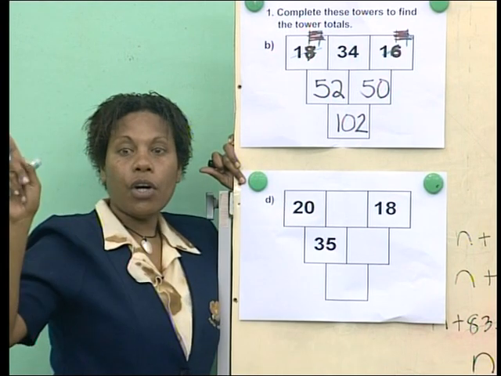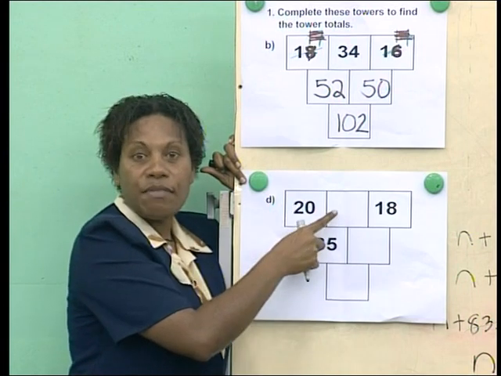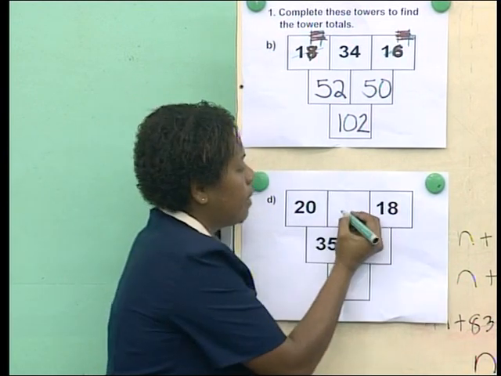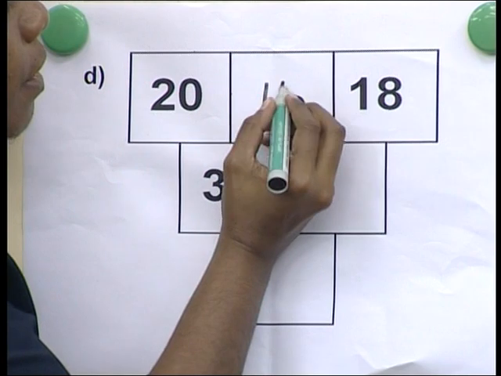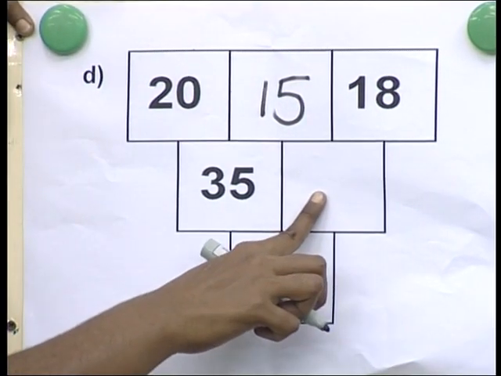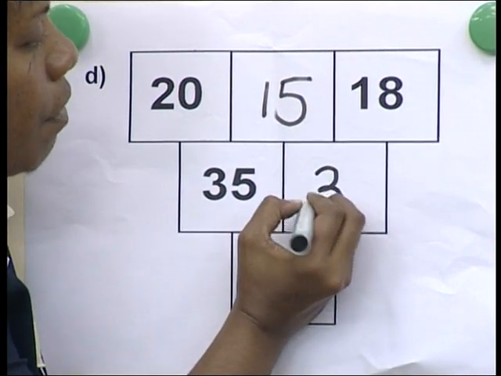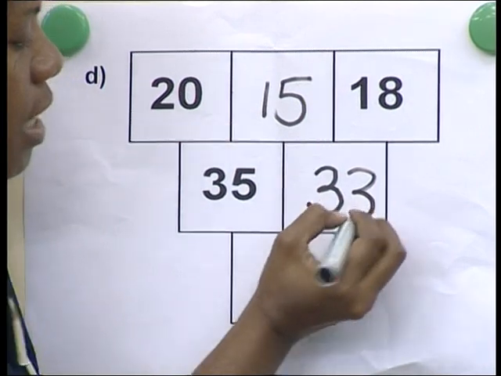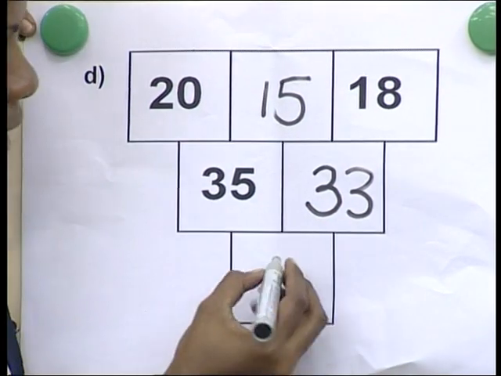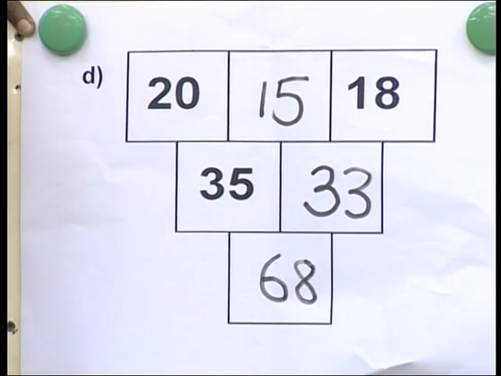Or you can say 35 minus 20 gives you 15. All right. What goes here? 33. 15 plus 18 is 33. And last one? 30. Okay.